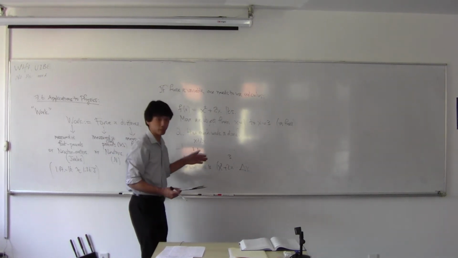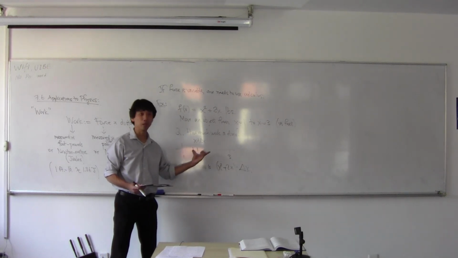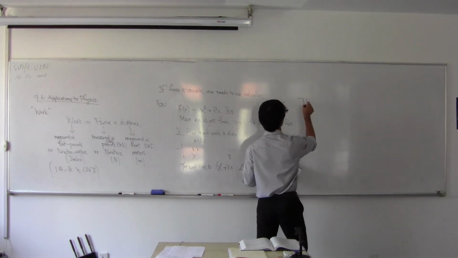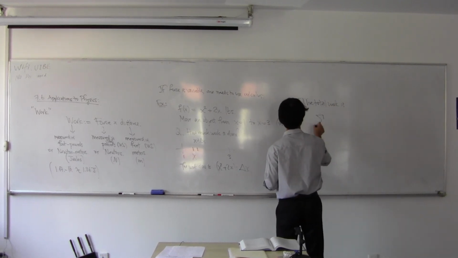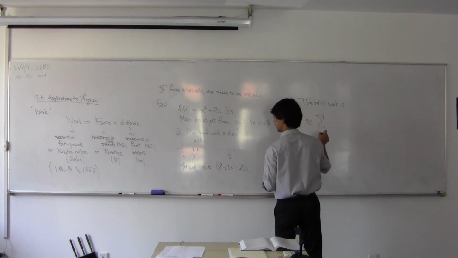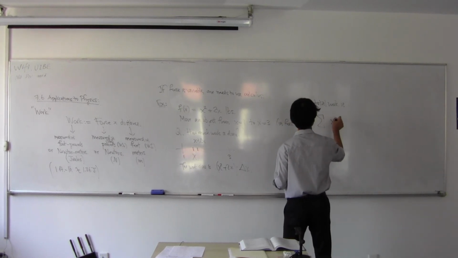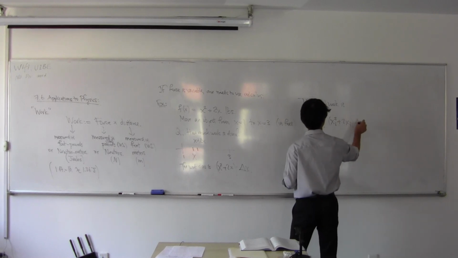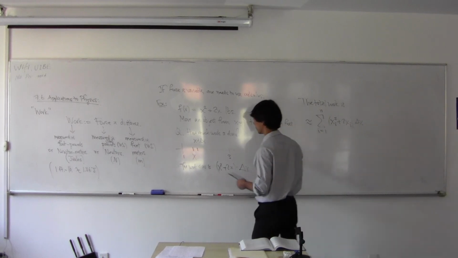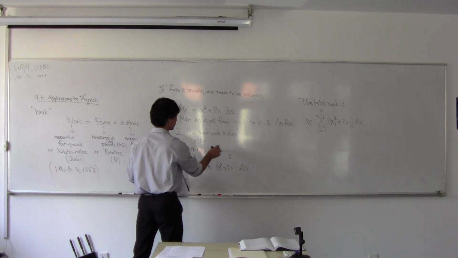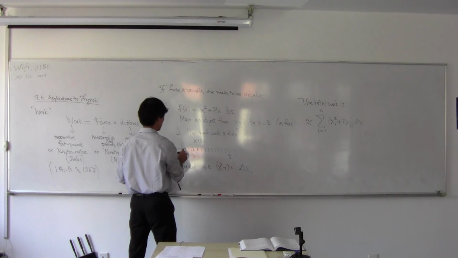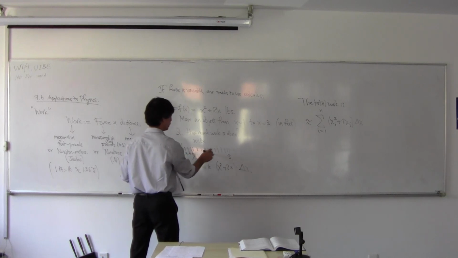And so you play the usual game of chopping your distance up into small parts. The total work is then a summation of something like (x_i squared plus 2x_i) delta x, from i equals 1 to n, if we chop this thing up into pieces x1, x2, x3, x4, through xn.